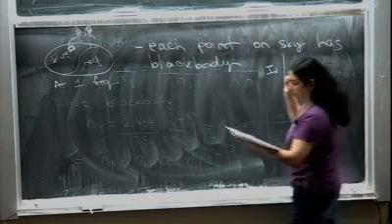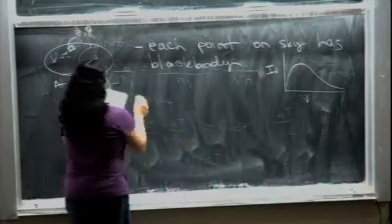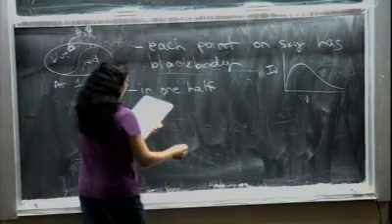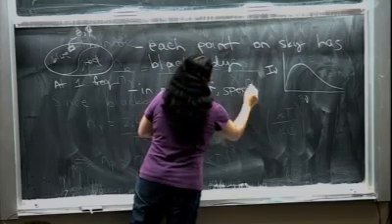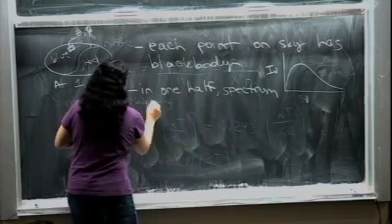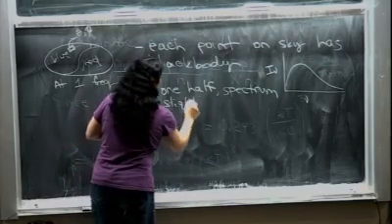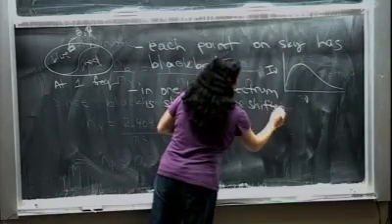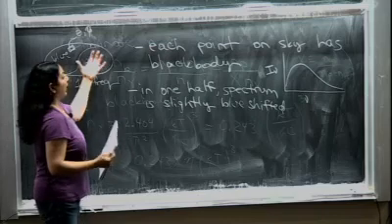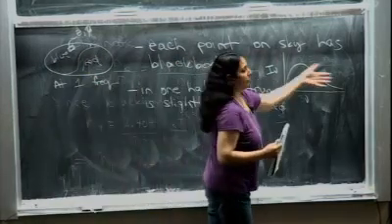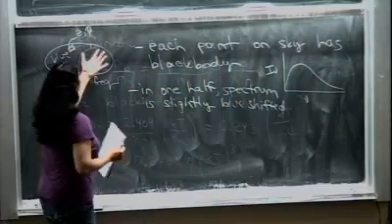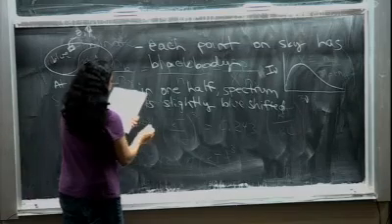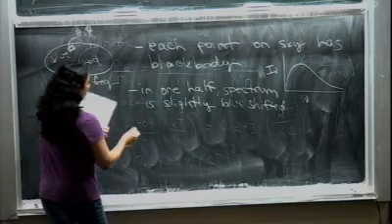So at each point on the sky, I have a black body spectrum, but in one half the spectrum is slightly blue shifted. So overall, I'm going to have a hotter temperature, because remember this spectrum is a function of my photon temperature. So here I'm going to have a hotter photon temperature, here a colder photon temperature. One half is slightly blue shifted, and the other is red shifted, of course.